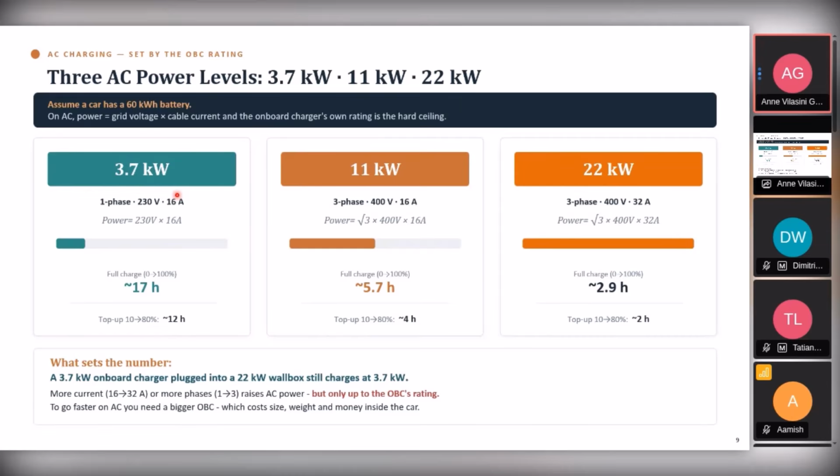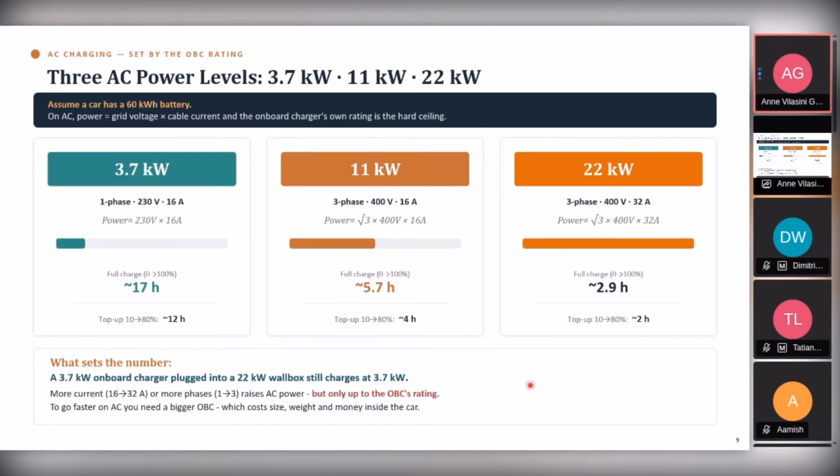Even though you go to a charging station with a higher power, you simply cannot use it, because you are limited by the rating of the onboard charger inside your car. So here you can see a 3.7 kilowatt onboard charger plugged into a 22 kilowatt wall box will still charge at a slower rate because you have a smaller OBC.